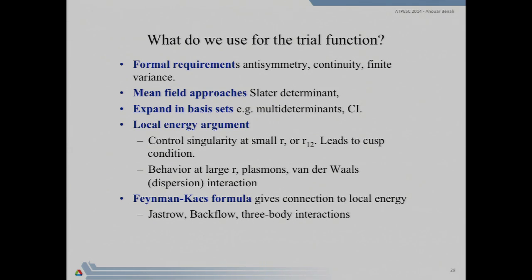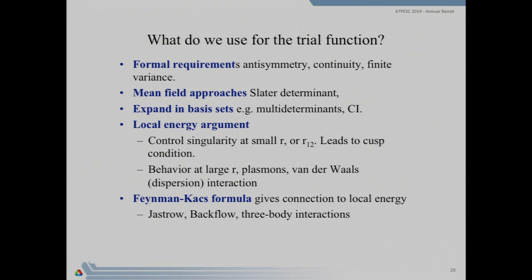And there is the local energy argument, which means that we need to control all singularities at close distances between electrons, in the sense that you cannot have two electrons that are just going to be on top of each other. Of course, you need this type of spacing between them. We have the behavior at large distances.